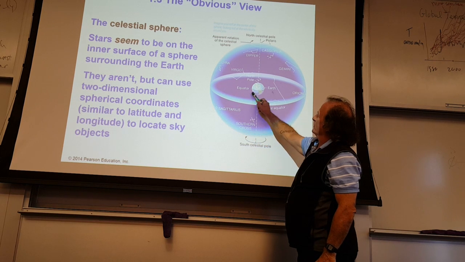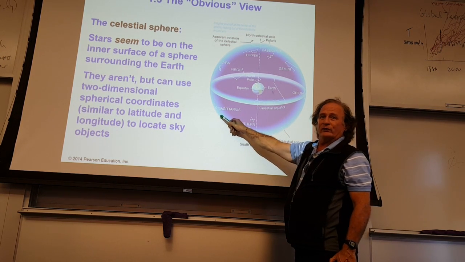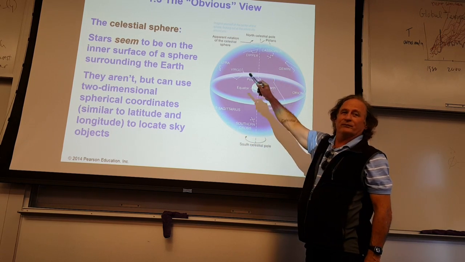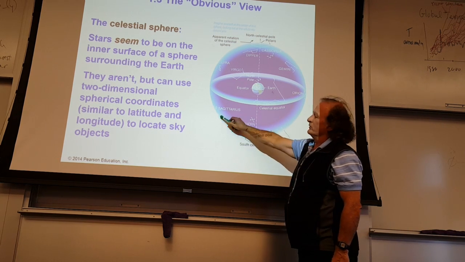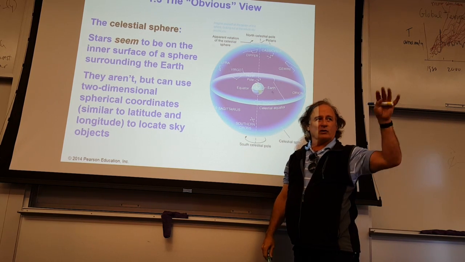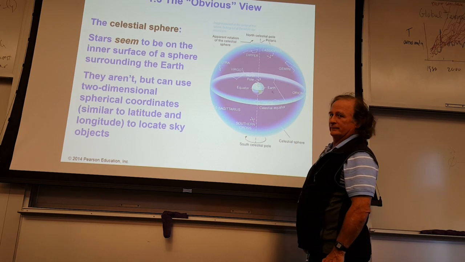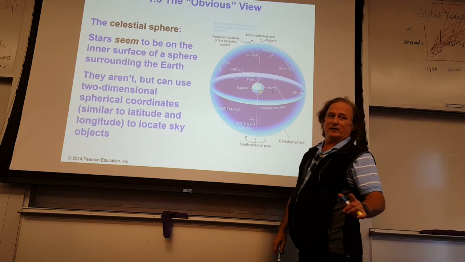When it's in the northern hemisphere and the sun gets very low, that's winter. When the sun gets very high, that's summer. Those are called the solstices, where the sun is at the lowest or the highest in the sky. Also when the day and night are equal, that's the equinoxes.